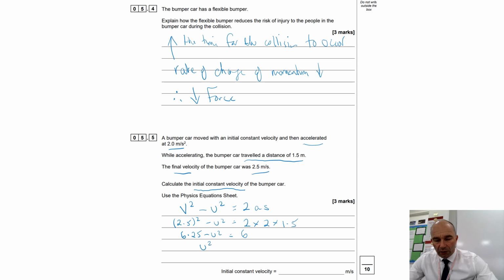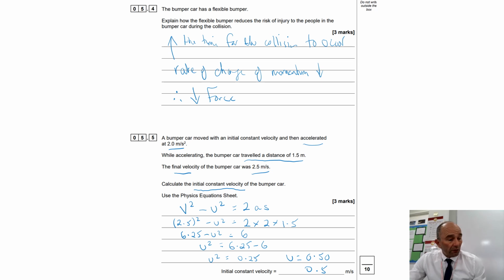We've got u squared equals 6.25 minus 6. That means that u squared equals 0.25. We then need to square root that, so we end up with u equals 0.50. And there's our answer, 0.5 meters per second.